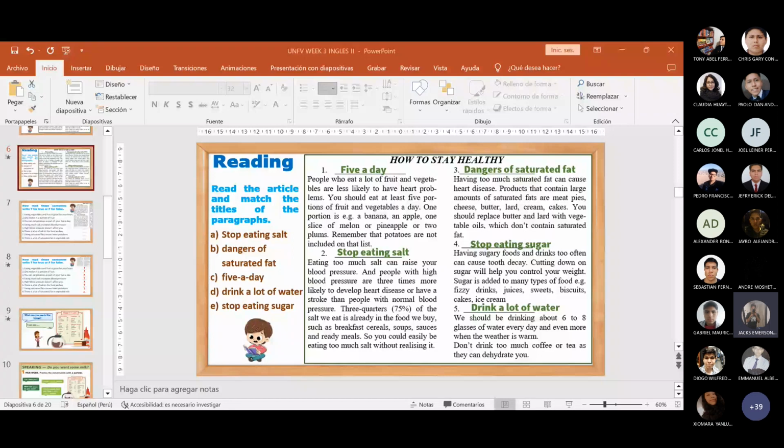Yes, that is false. What about number 3? You can eat potatoes as part of your five a day. False, teacher. Okay. What about number 4? True.